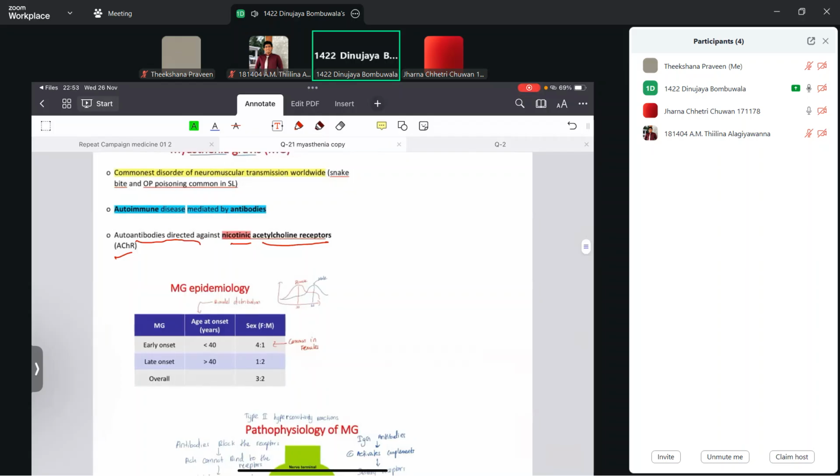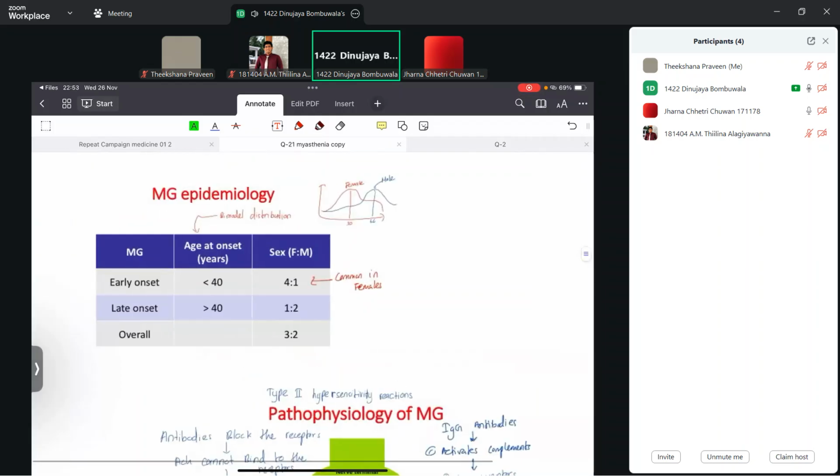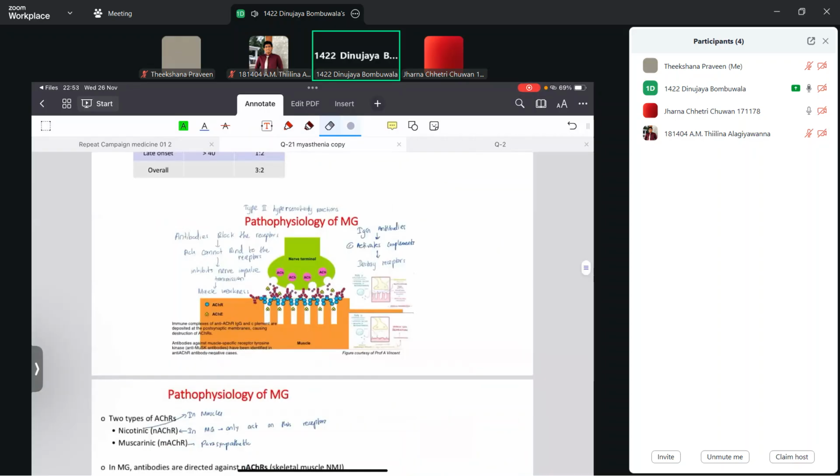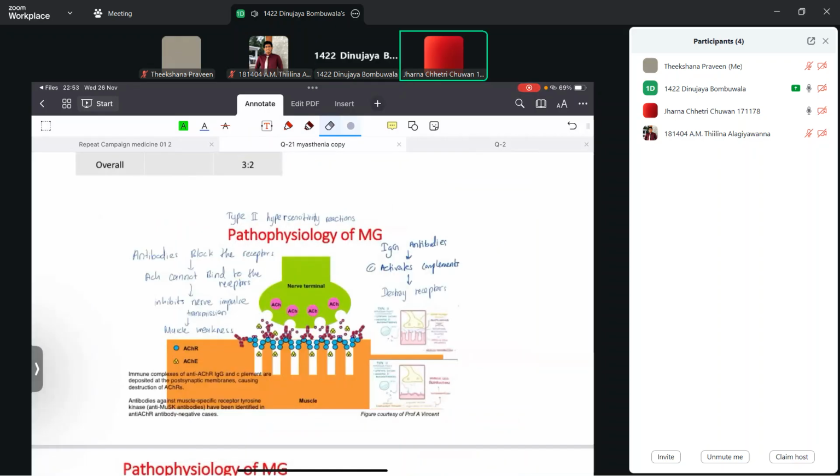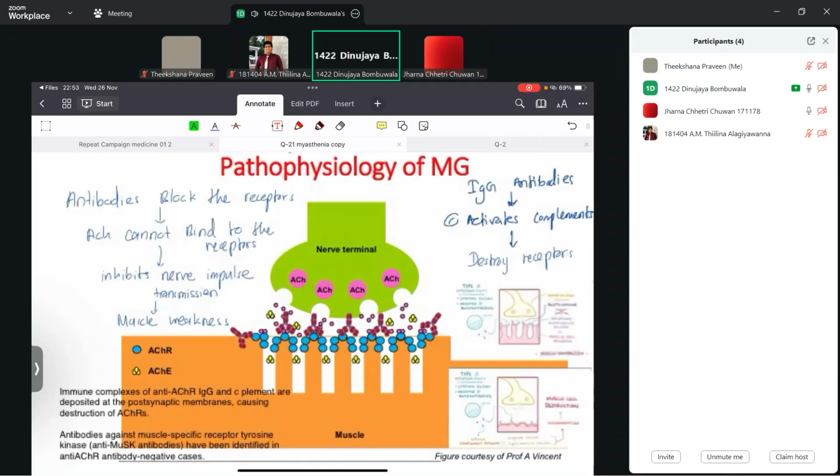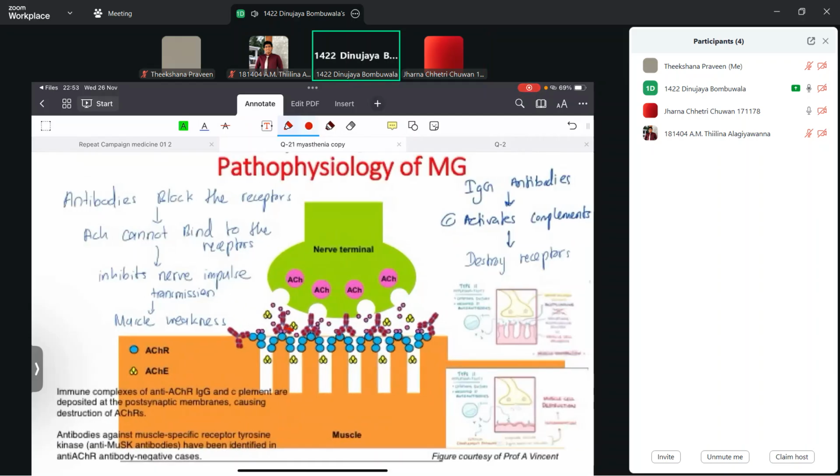Epidemiology, we know that it is more common in females. The early onset and late onset: after 40, it is more common in males. Pathophysiology, there will be autoimmune antibody production against postsynaptic acetylcholine receptors, and the receptors will be destroyed.